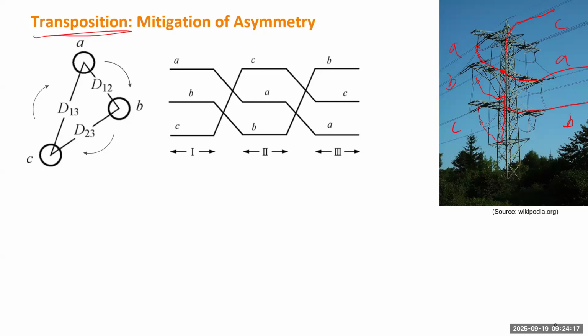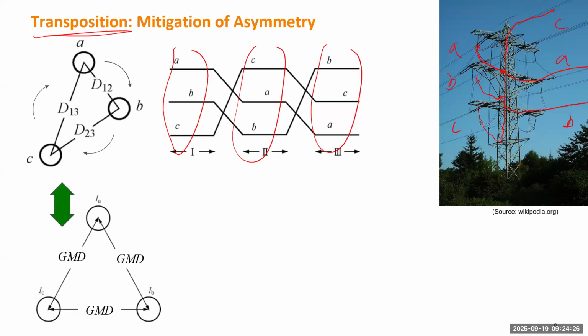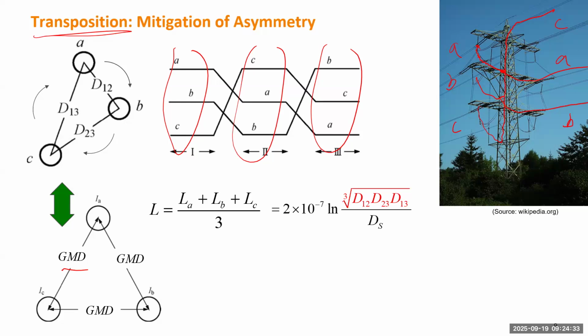Okay, after a certain distance, they will do such a thing, and they will change the sequence over a long enough distance. Eventually, we can roughly treat the distance between any 2 phases as the same. So that will be the GMD. If you calculate the inductance for each phase, the final inductance for each line will be the average of the three inductances, which is equivalent to just calculating the GMD for this case.